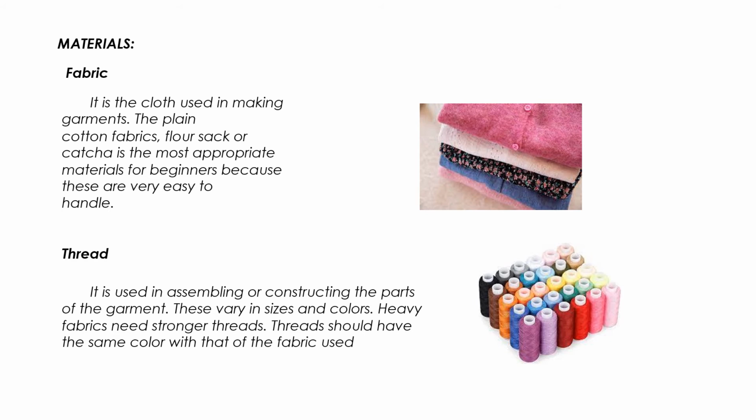Thread, it is used for assembling or constructing the parts of the garment. These vary in sizes and color. Heavy fabrics need stronger thread. Thread should have the same color as the fabric used.